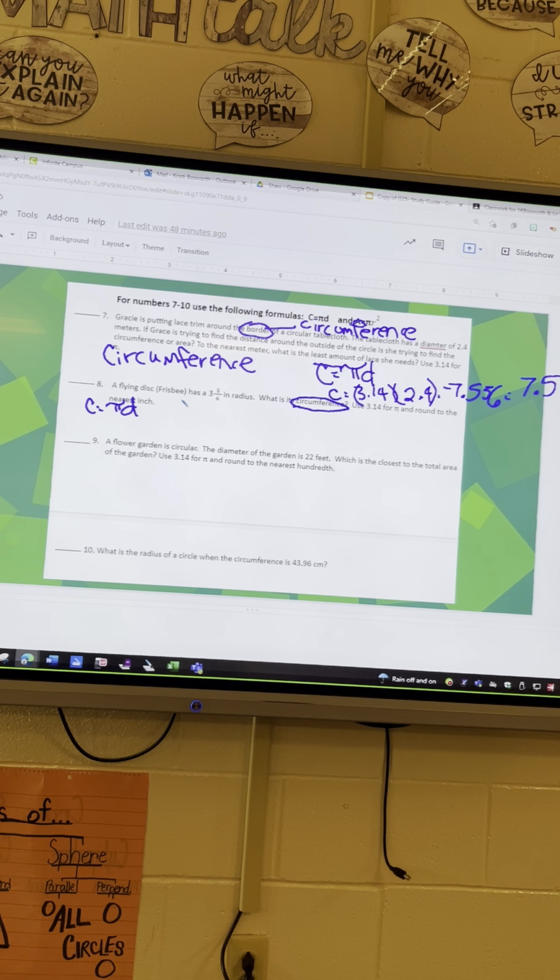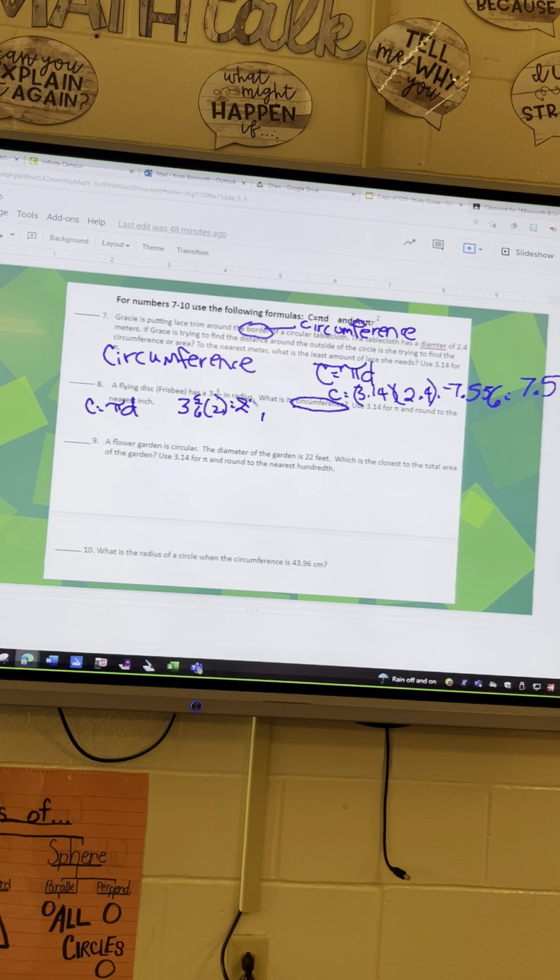Times the radius by 2. So 3 and 5/6 times 2 is 7.6 repeating, or 23/3. I just leave it 23/3.